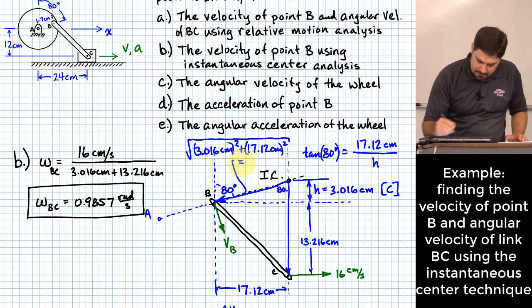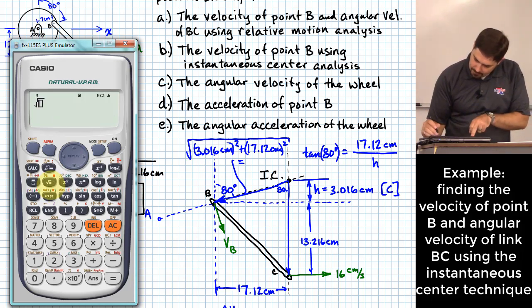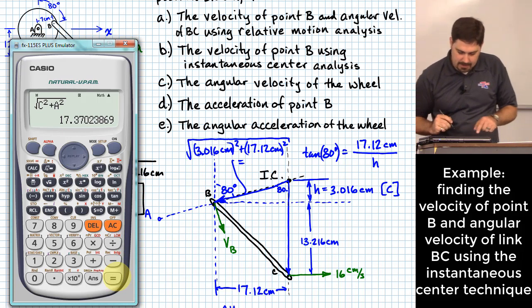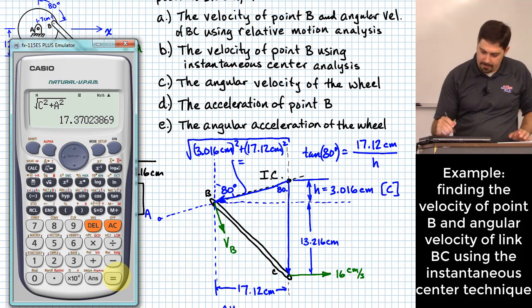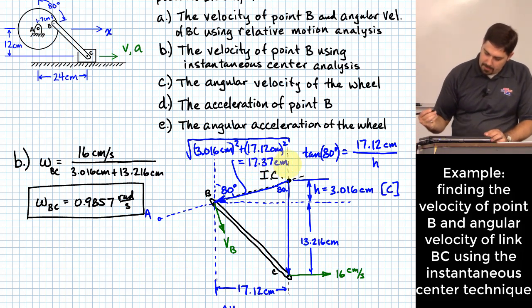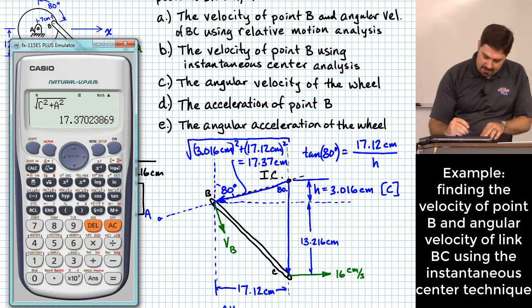If I punch that in, I believe I had that in C, and I had the 17.12 in A. So that gives me 17.37 centimeters. In case I need it later, I'll go ahead and store that into D.